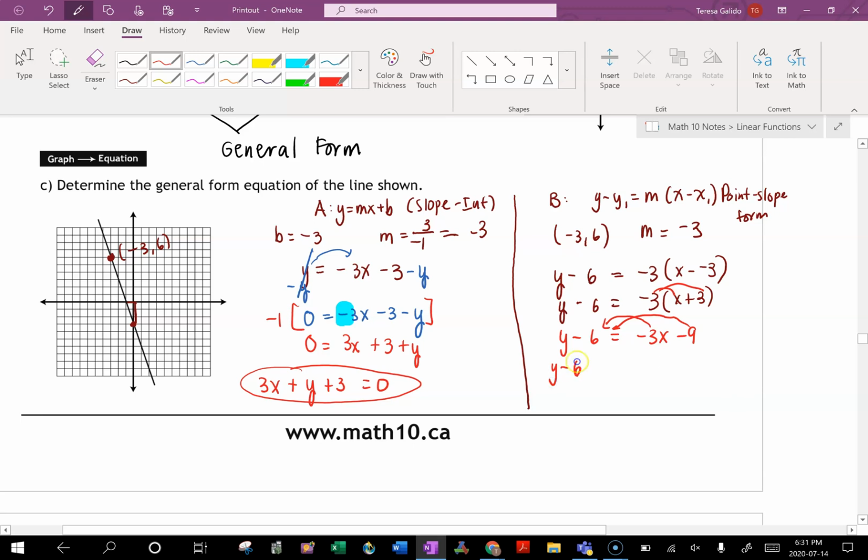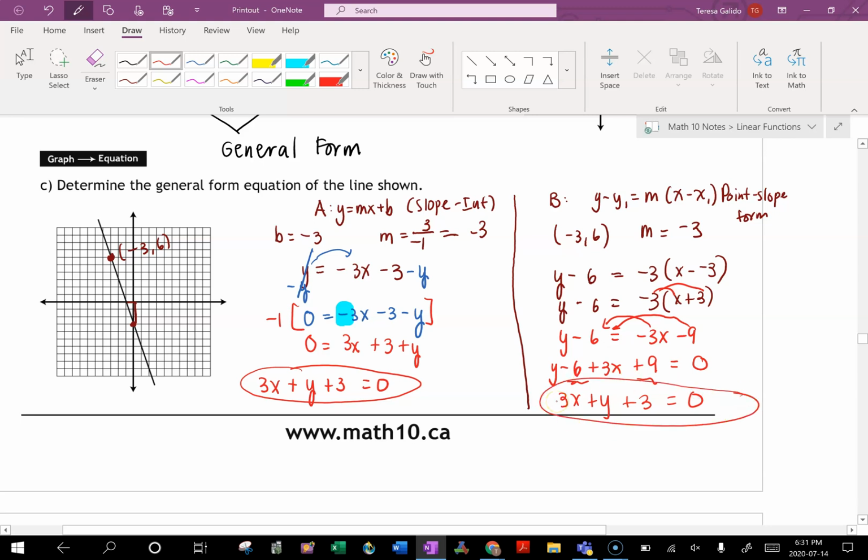So y minus 6, if we put the -3x on this side, which means we add 3x. And if we put the -9 on the other side, which means we add 9 because we have to undo the operation. So the last thing would be 3x plus y, -6 plus 9 is just +3 equal to 0.